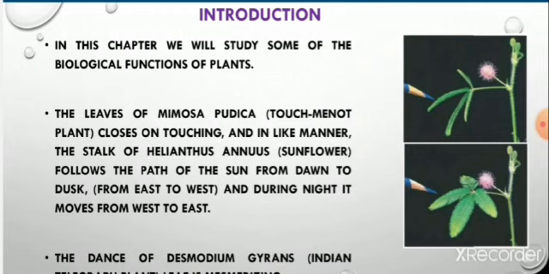Now, what do you mean by turgor pressure? When water enters into the vacuole of the cell, inside the cell you find a big vacuole, and that vacuole is filled with cell sap. What does that cell sap consist of? Salt, sugar.